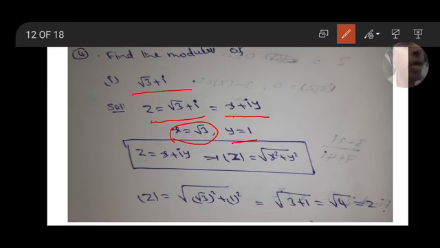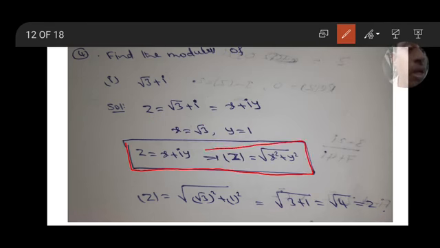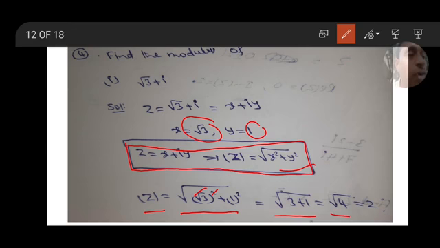The formula for the modulus is: if z equal to x plus iy, modulus of z equal to the square root of x squared plus y squared. So modulus of z, with x equal to root 3 and y equal to 1, is the square root of root 3 whole squared plus 1 squared. Square and square root cancel. 3 plus 1 is 4, square root of 4 means 2.